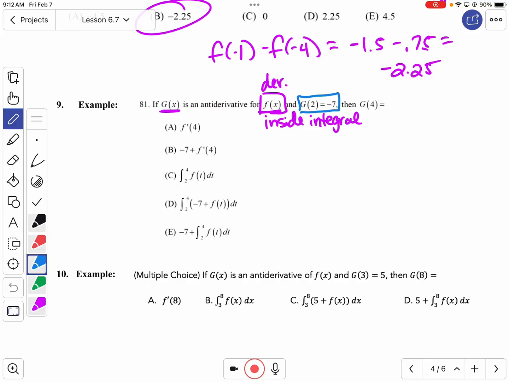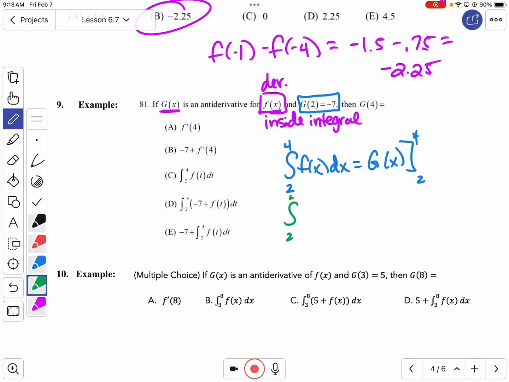When g is 2, so when the antiderivative is 2, the function is -7, so that's something we've been given. So if I do the integral from 2 to 4 of f of x dx, we know the antiderivative is g of x. That's what they told me, that we would evaluate from 2 to 4.